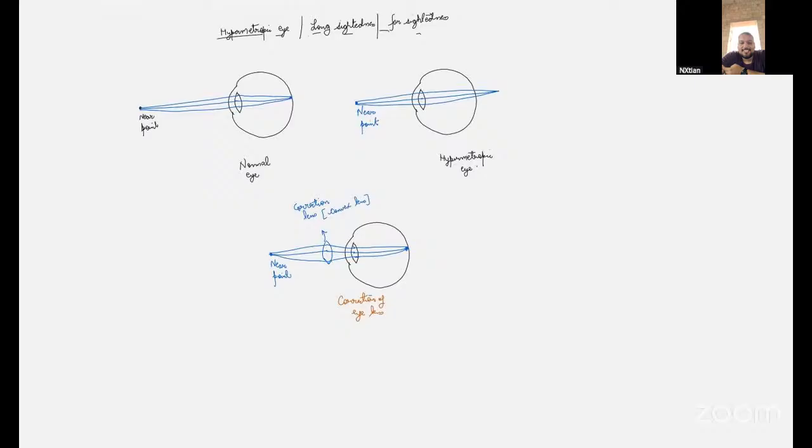In this defect, a person cannot see near objects clearly, but can see far objects clearly.